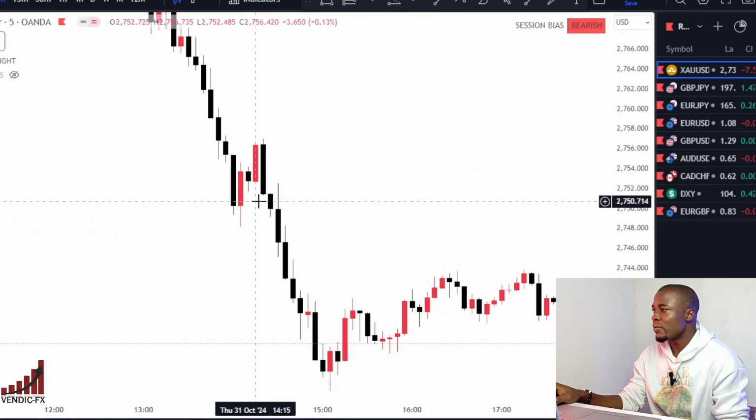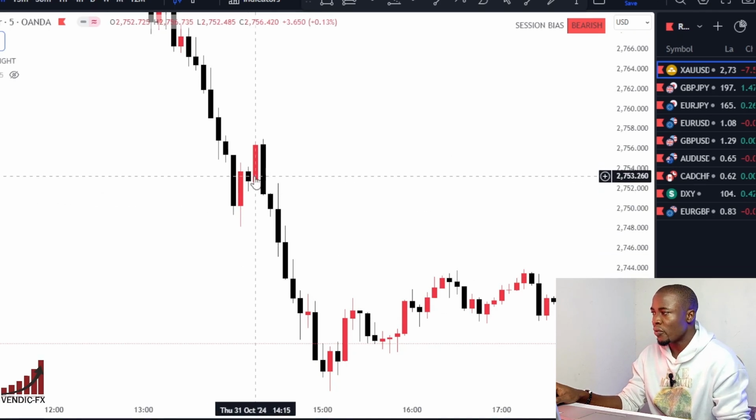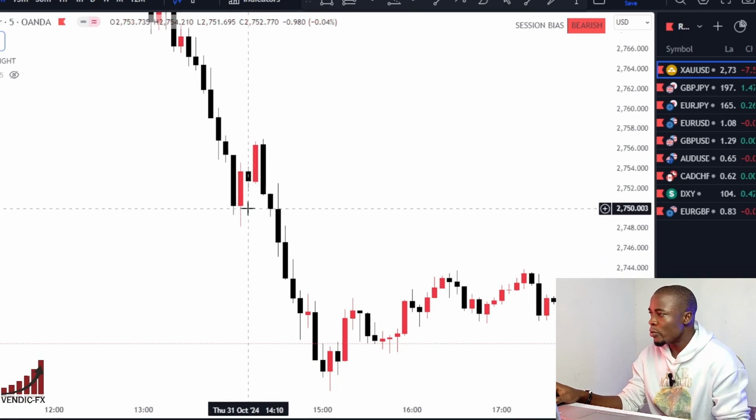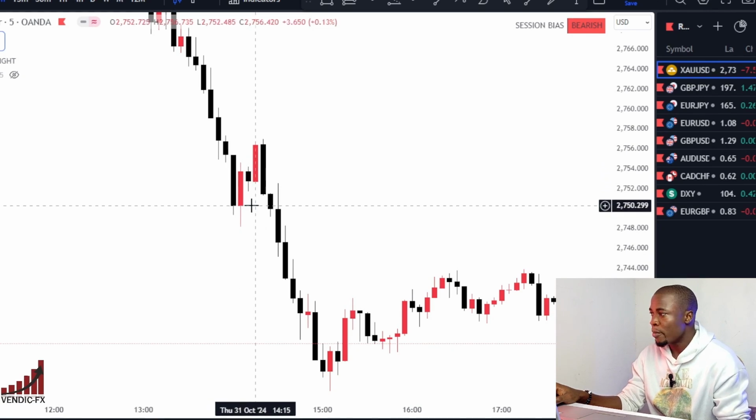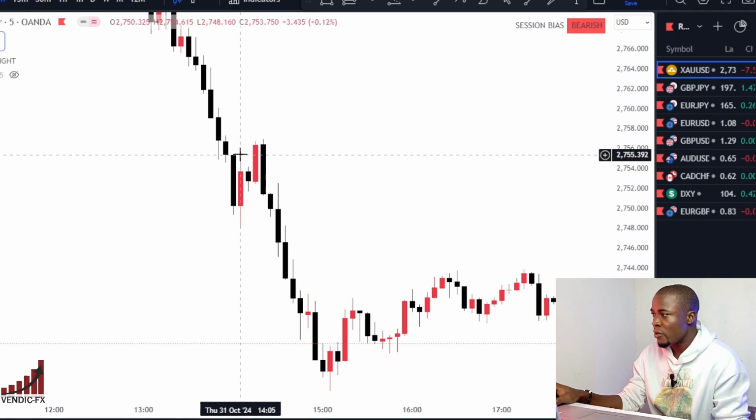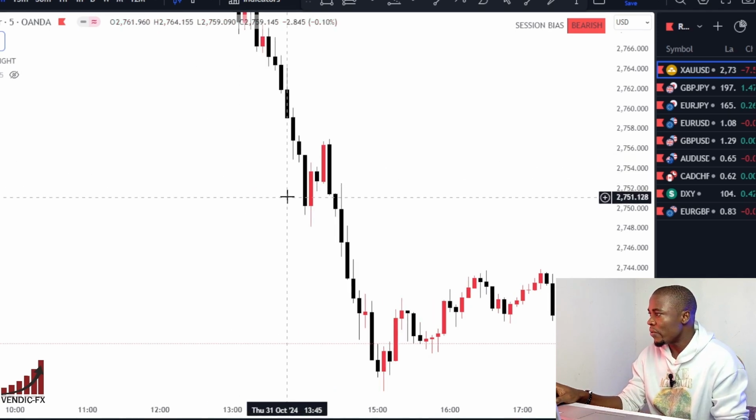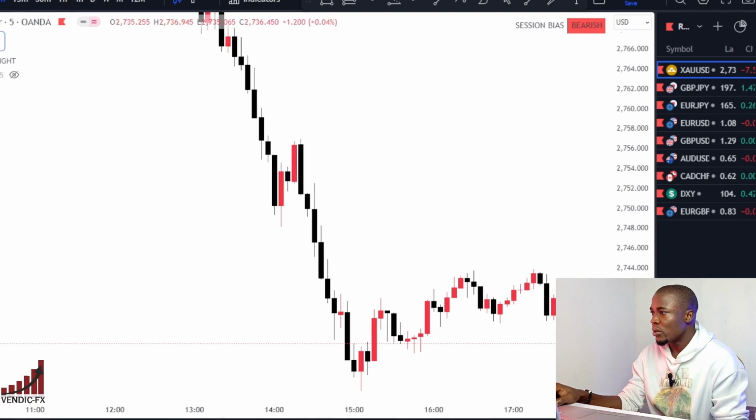So if you are waiting for a support to form, you use setup one. What is setup one? Buy above every support. When a support is broken, you buy above it. You wait for a close, you wait for the support to form, and when it is formed, you buy.